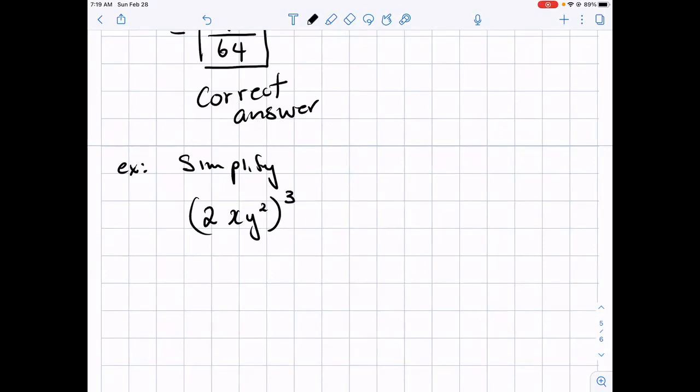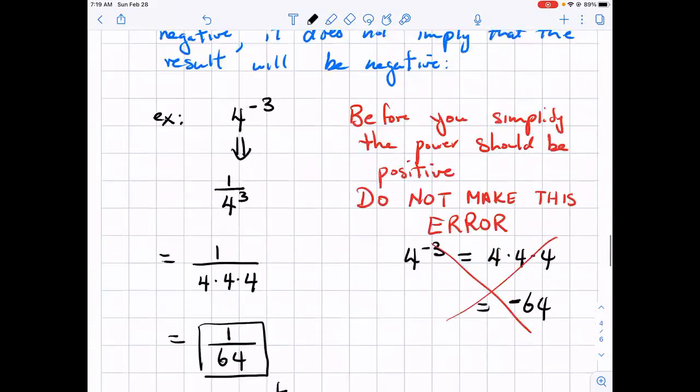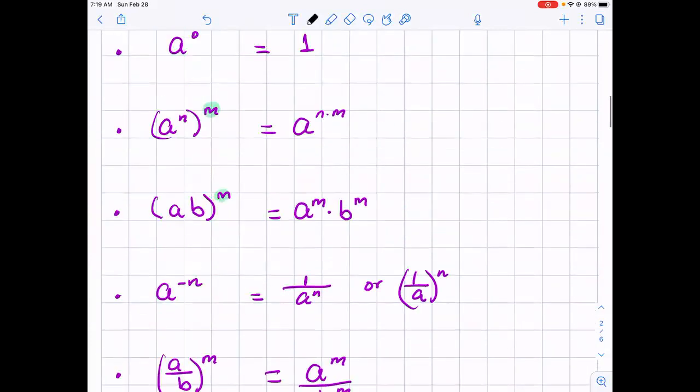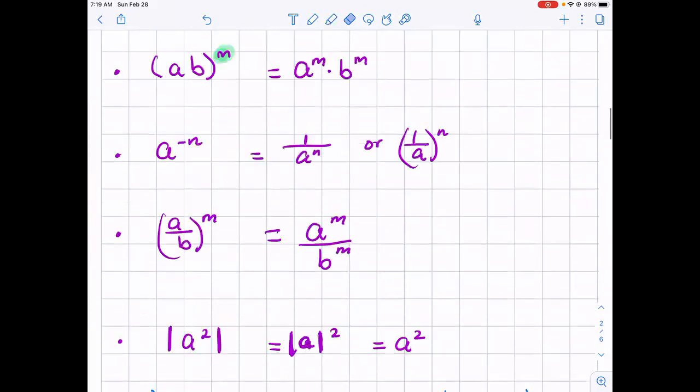Now, using the property that I had given earlier, if we have parentheses and a power on the outside, we distribute that power to everything on the inside.